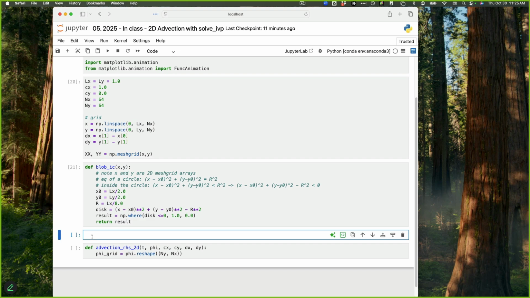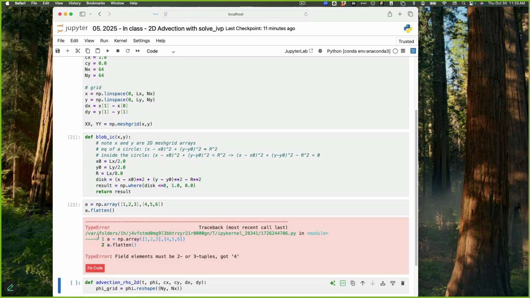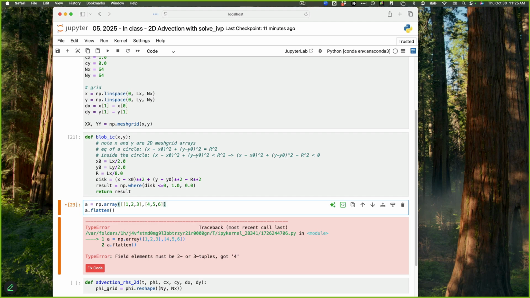Now, let me give you an example, actually. Let's say A is a NumPy array, and it contains 1, 2, 3, and 4, 5, 6. So it's a 2 by 3 array, and I can flatten it. It's an array of arrays.